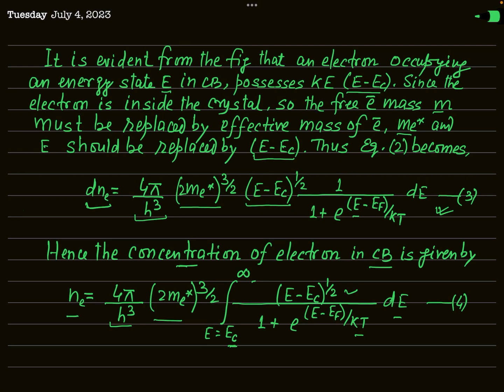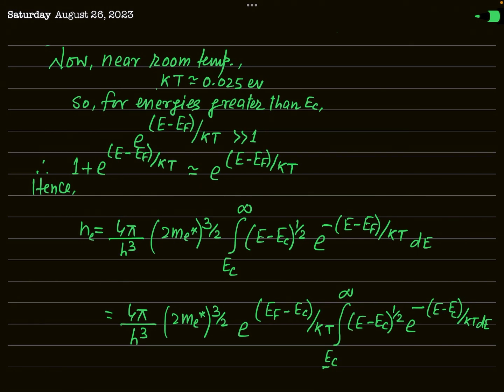Now this factor KT, where K is the Boltzmann constant, at a temperature near about room temperature, KT has a value of 0.025 or 0.026 electron volt, because K is equal to 1.38 into 10 to the power minus 23 joule per Kelvin.